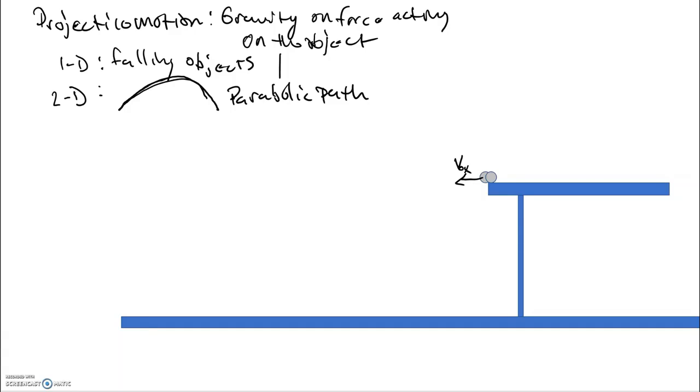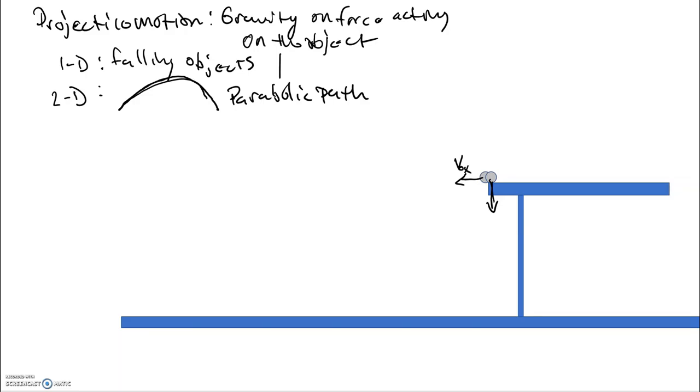Likewise, the other dime doesn't have any horizontal velocity, it's just being dropped straight down. But they're both starting from rest. They don't have a vertical velocity to start.